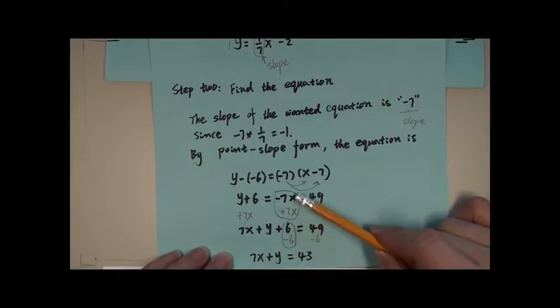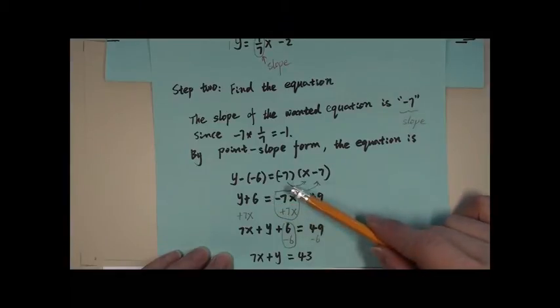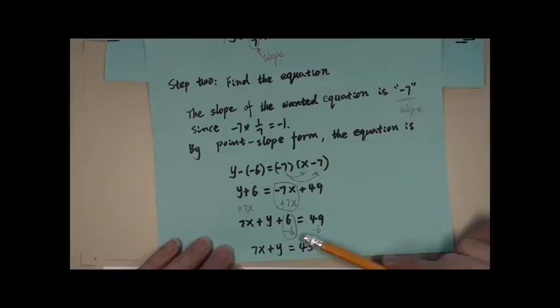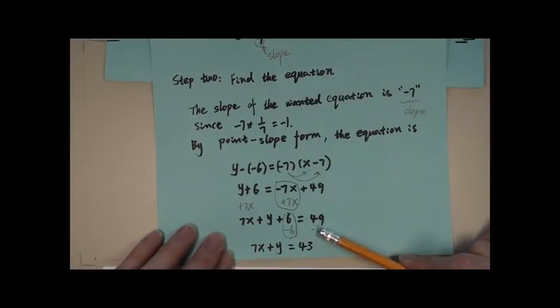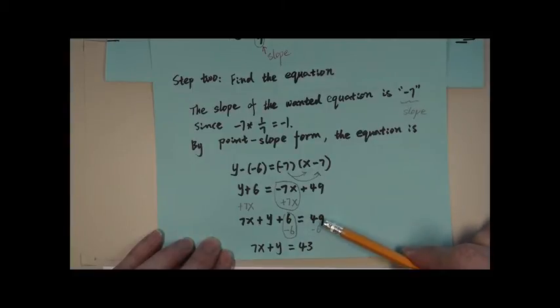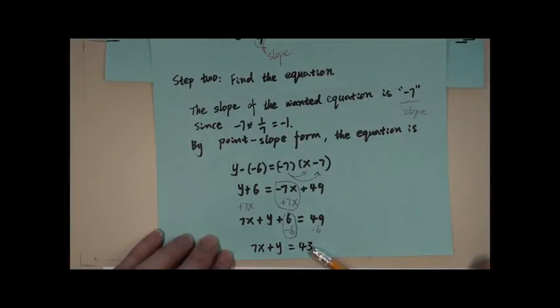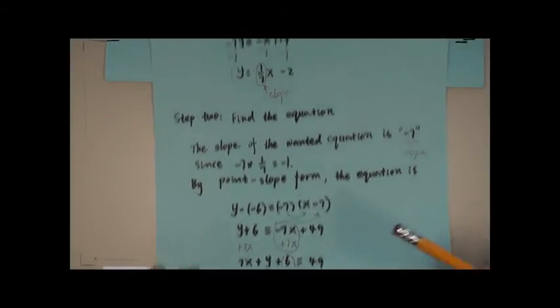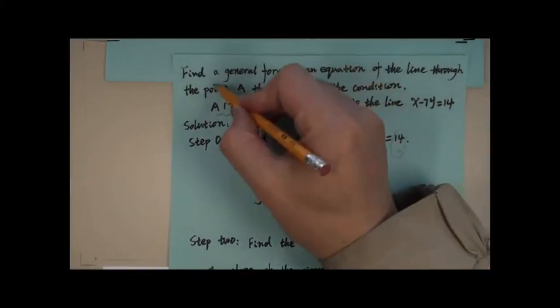Right-hand side, those two are cancelled, so you have a 49 here. And then minus 6, you cancel this positive negative, so you have a 49 minus 6, which is 43. And this form is you have variables on the left, and you have a constant on the right. This form is called a general form.